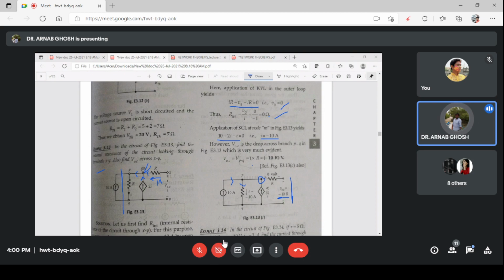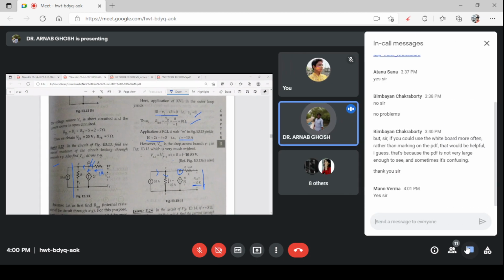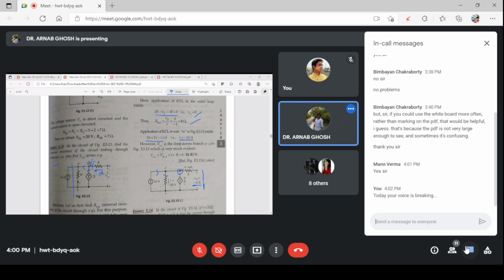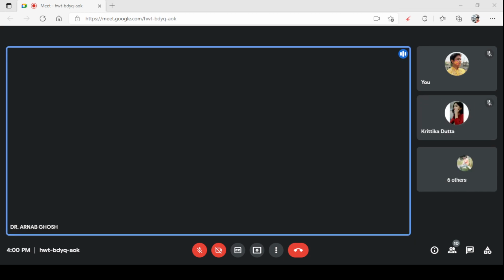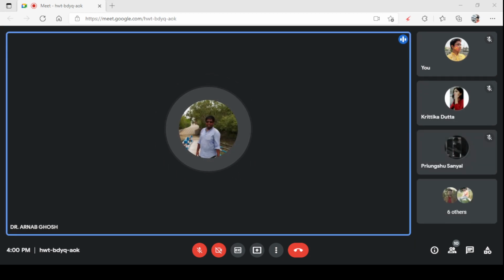Any software you know where we can draw the circuit and also write the equations?